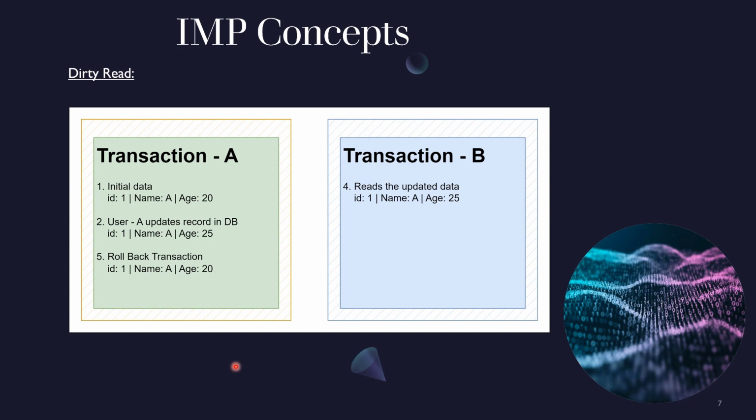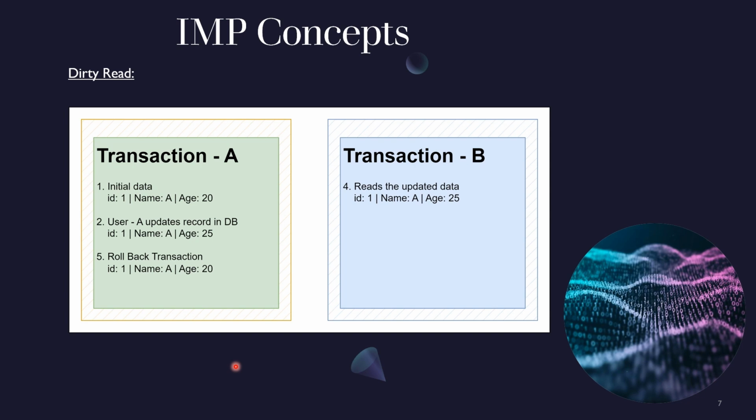For example, there is a transaction A, and the initial data is ID 1, name A, and age 20. Transaction A updated the age to 25, and transaction B reads ID 1, name A, and age 25.